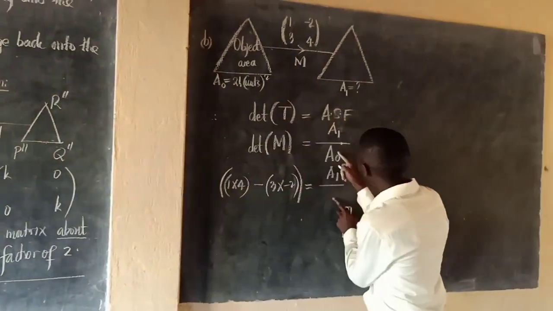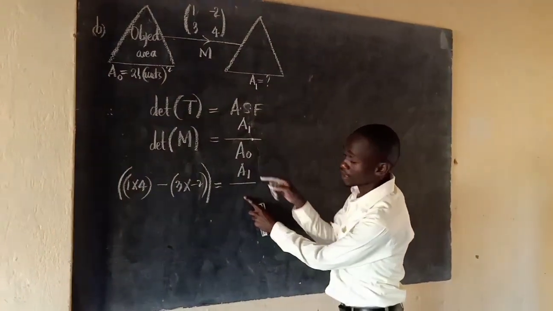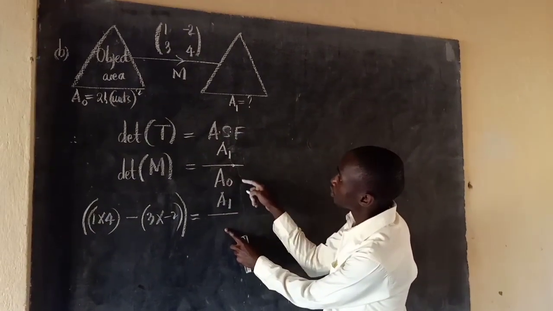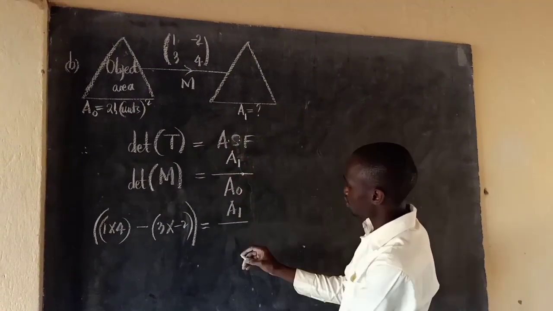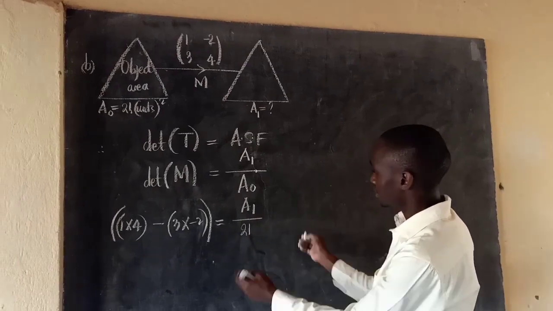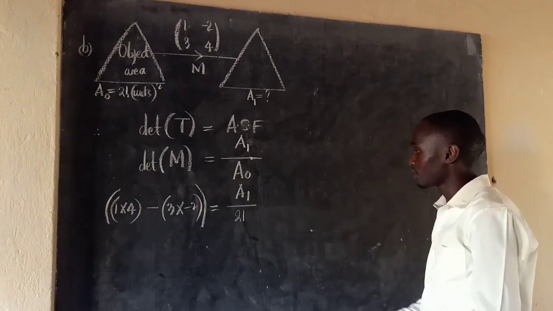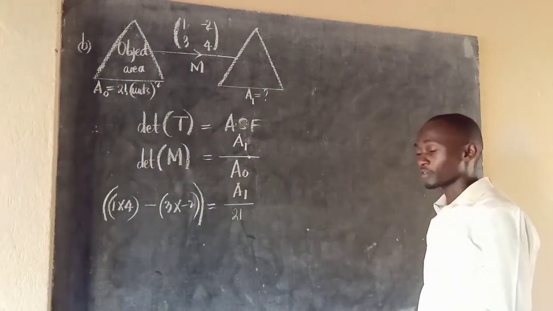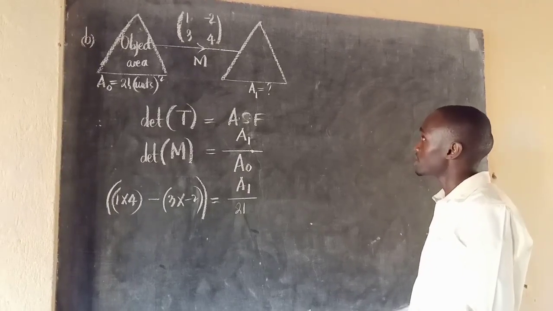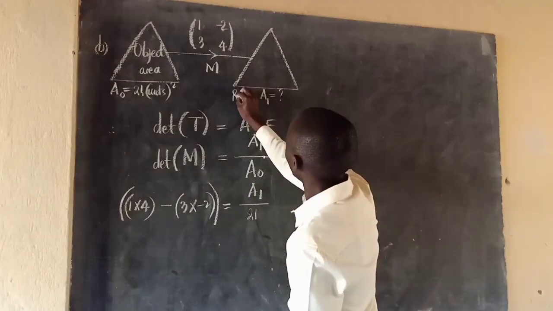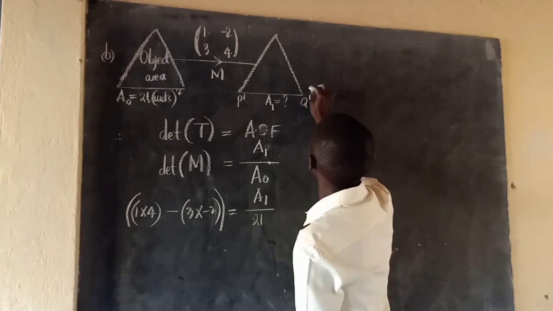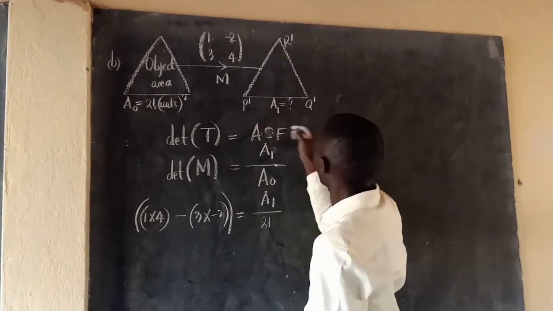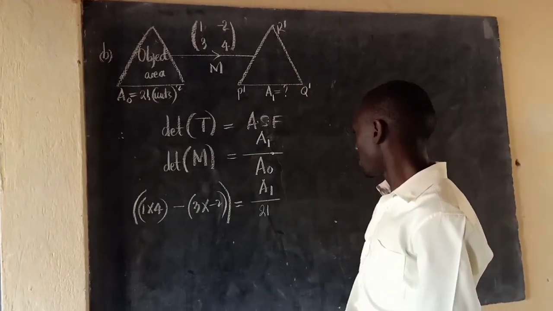The area of the object A0 is given as 21. You're clearly left with finding the area of the image.